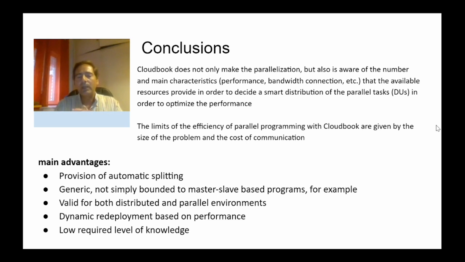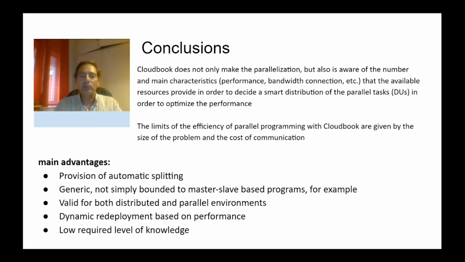Additionally, the learning process is very fast because you don't need a lot of knowledge to use Cloudbook. The creation of parallel programs is quite easy, and the limits of the efficiency of these parallel programs depend on the internal communications of the machines, the agents involved in the execution.